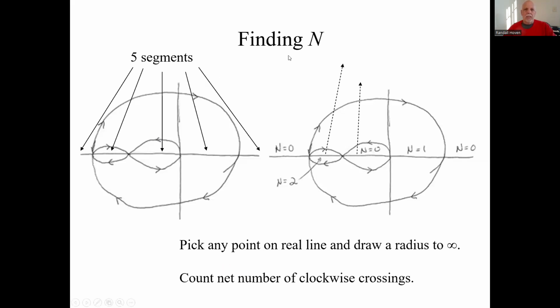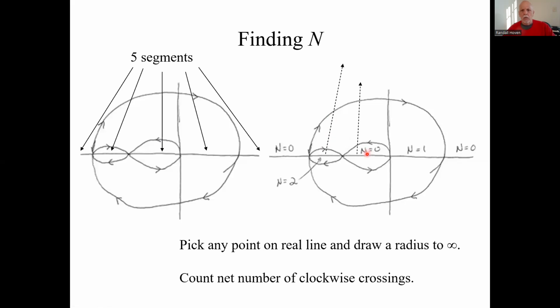The trick to finding that N, for any point on here, is to pick some ray off to infinity in whatever direction is convenient and count how many times you cross some loop in the clockwise direction. Out here, it's going to be 0. In here, there's 1, there's 2.